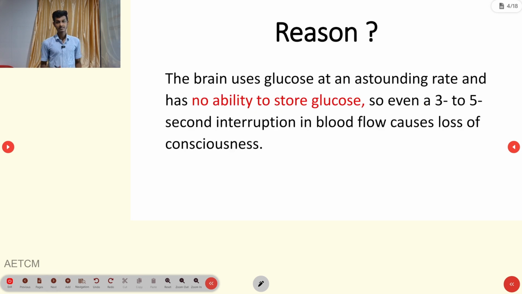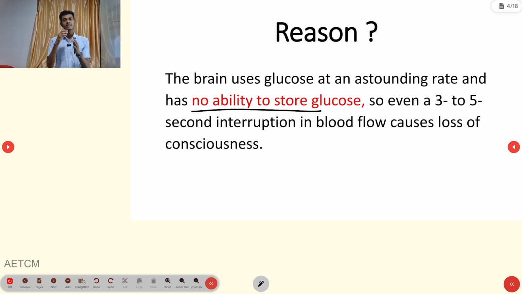Various causes are there. So what is the reason behind the syncope? The brain uses glucose at an astounding rate, but has no ability to store glucose. It uses a lot of glucose, but doesn't have a storage box. If you provide a continuous supply, it will work.